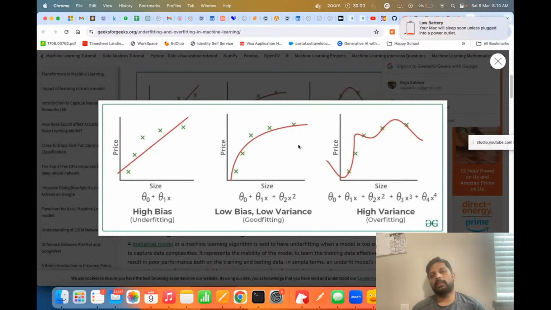So the usual thing is, if there is high variance, then they will try to add more data to it. Once you add more data, the equation by itself will adapt in a way that it tries to fit the remaining points, and it will move away from these points, right?